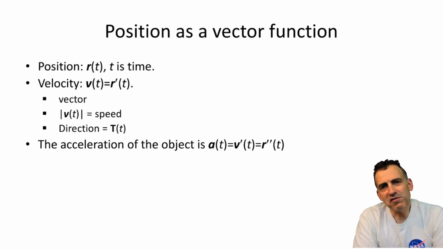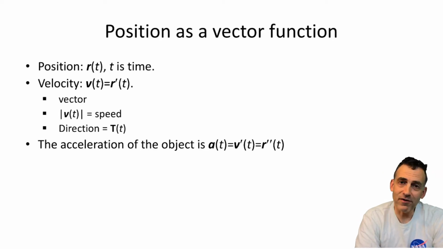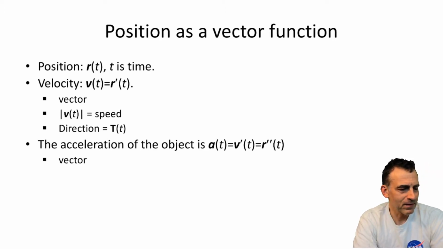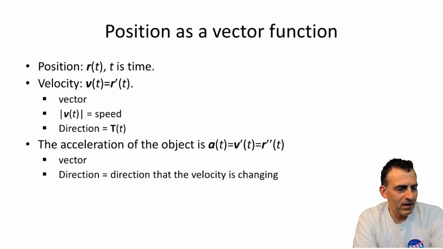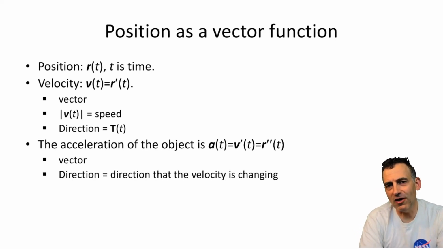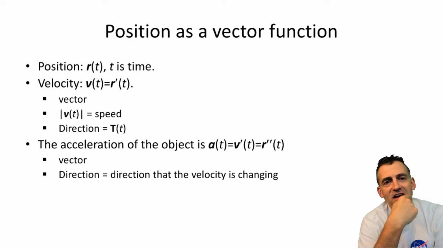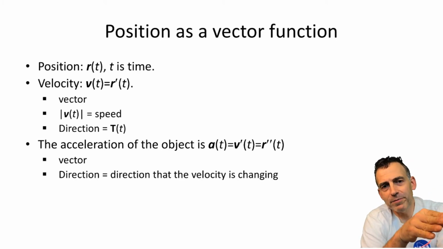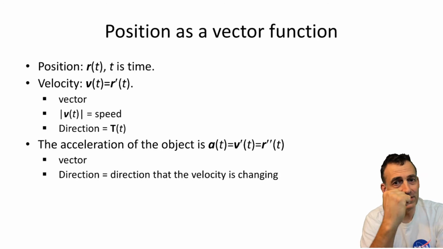Acceleration, once again, no surprise here. It's the second derivative of the position and the derivative of the velocity, of course. It's a vector as well. The direction is the direction in which the velocity is changing. So this is kind of interesting. You could be moving forward, but have an acceleration that's behind you.